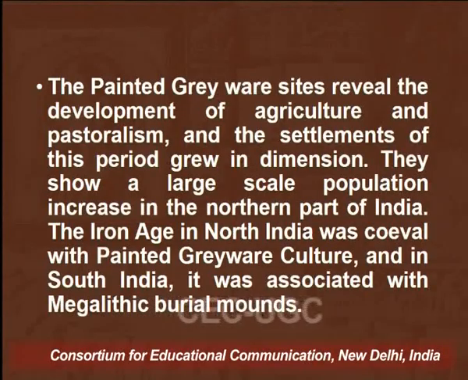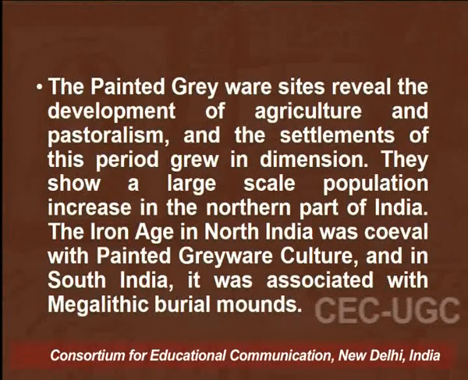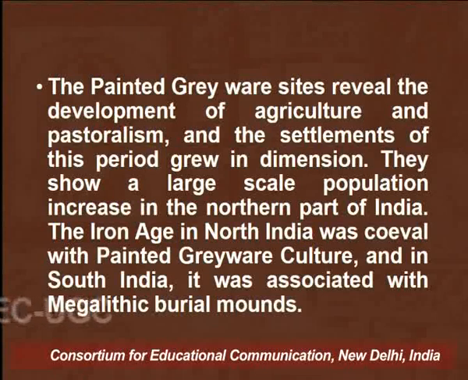The PGW sites reveal the development of agriculture and pastoralism, and the settlements of this period grew in dimension gradually. They show a large scale population increase in northern parts of India from the later Vedic period onwards.